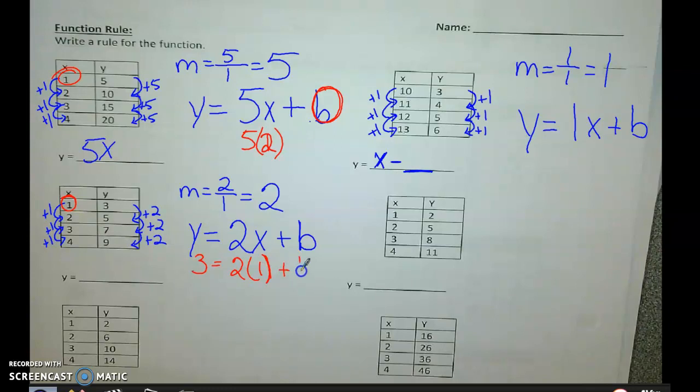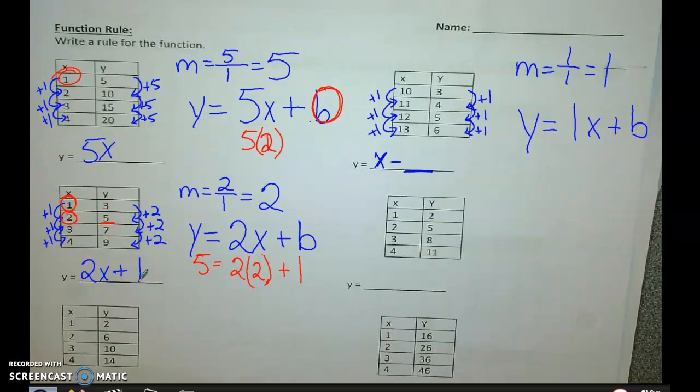To do that, I have to plus 1. Let's try a different one to see if that still holds true. If I go 2 times 2, plus 1, I get 5. That's exactly what I needed. So that is our correct rule: y equals 2x plus 1.